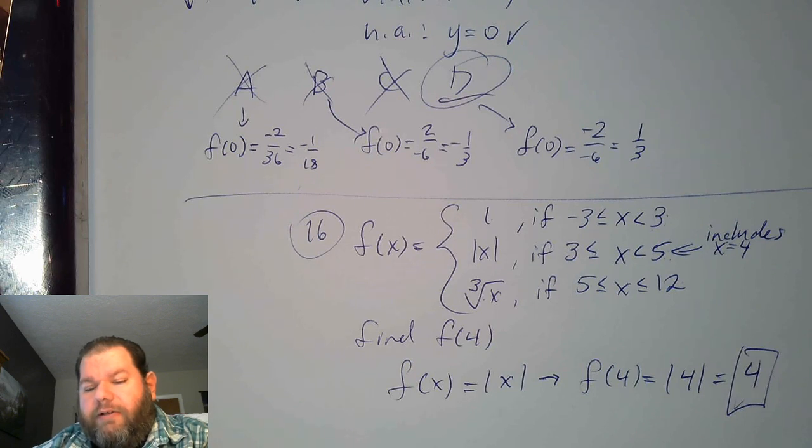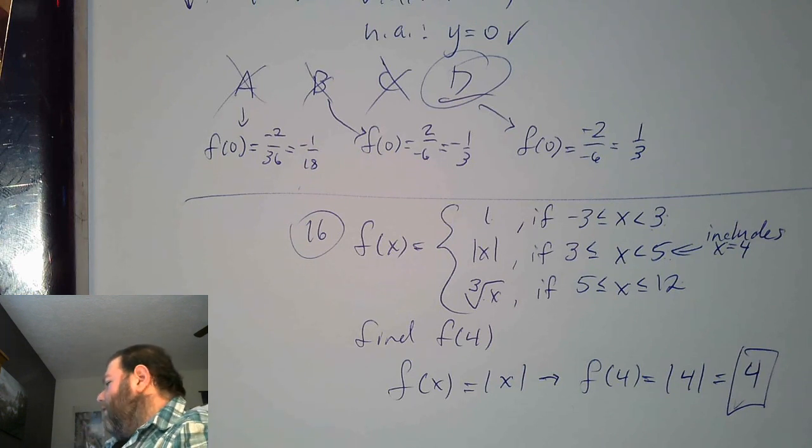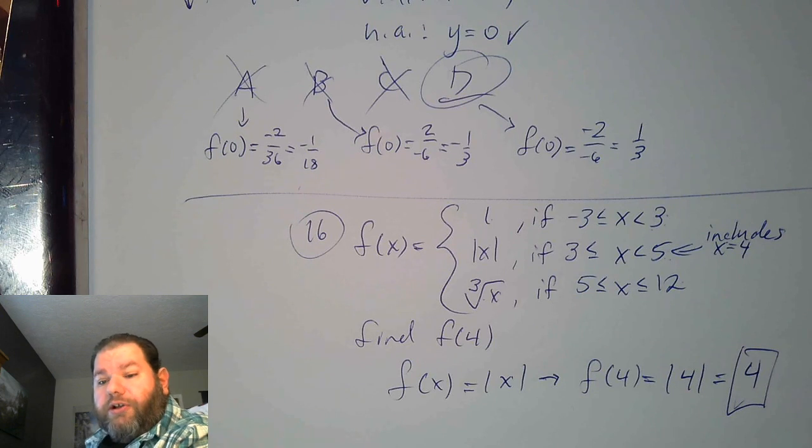Wow, that's a crazy answer. Let me look at that. 16? Yeah. It may be that they changed the question at some point from graphing a piecewise function to evaluating the piecewise function.